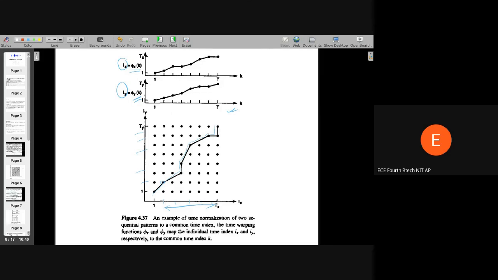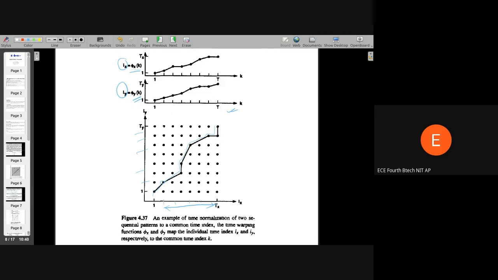What is warping? Warping is distortion. This path is distorted. It is not a straight line. Hence, it's called dynamic time warping. The word warping is included because if you see the matrix, the path that we find eventually is a distorted path, not a straight line.